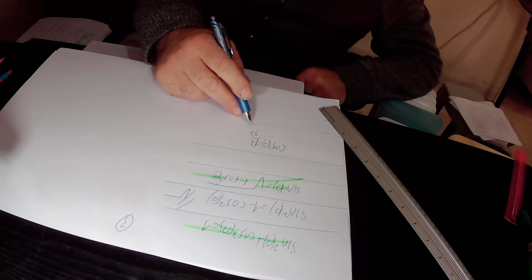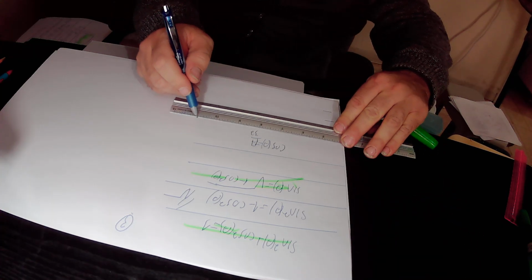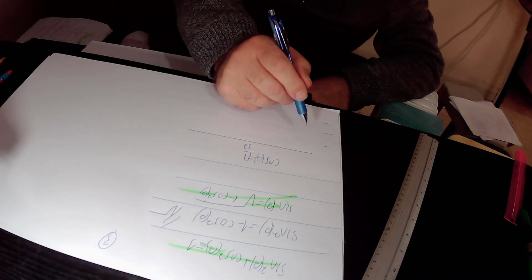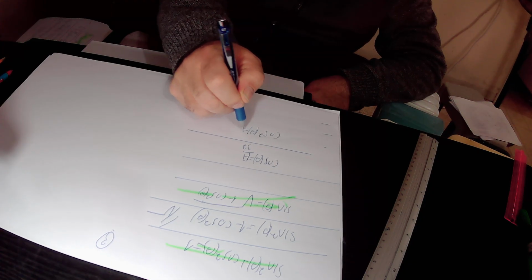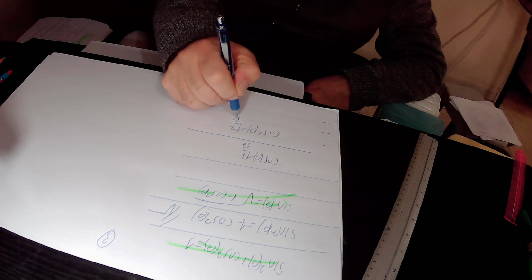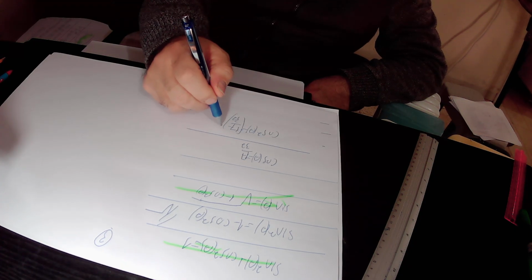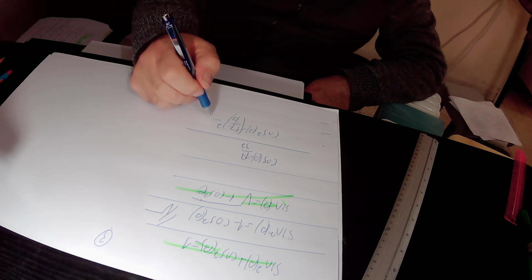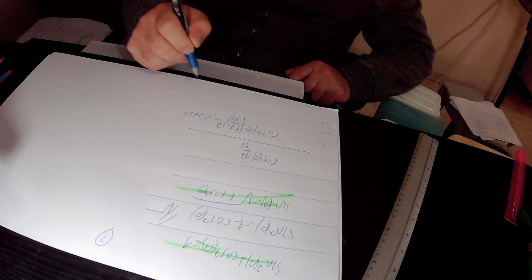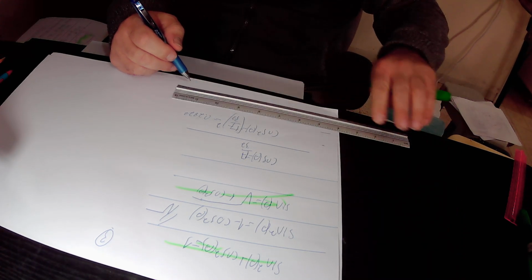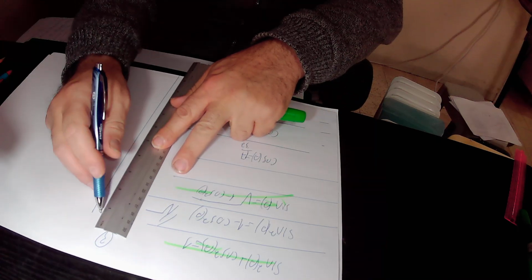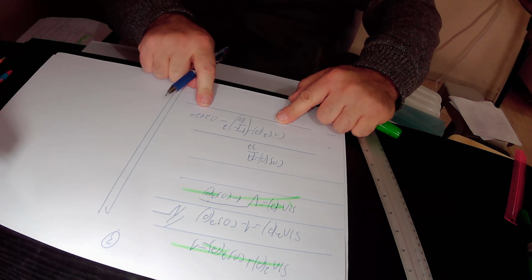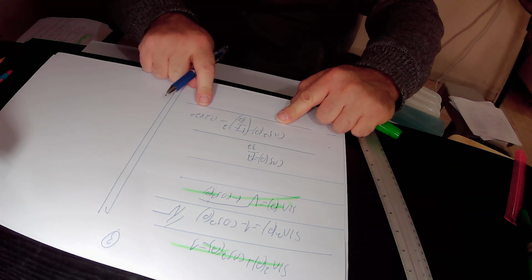Here we will square this equation, and we get that cosine square theta equals 17 over 32 squared, which equals 0.2822. So cosine square theta equals 0.2822.